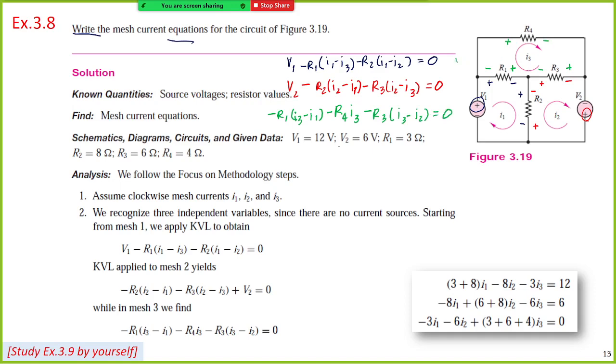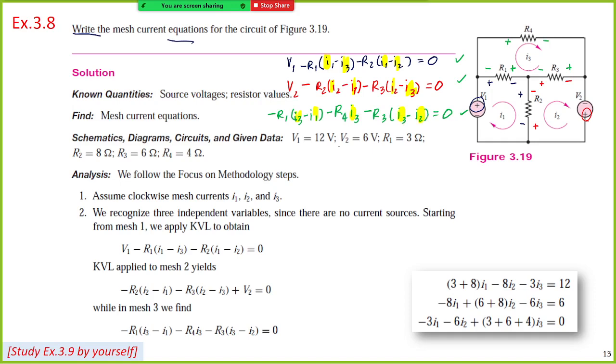So I will get three equations with three unknowns that are I1, I2, and I3, right? These three equations with three unknowns, and then I just solve for these three unknowns, right?